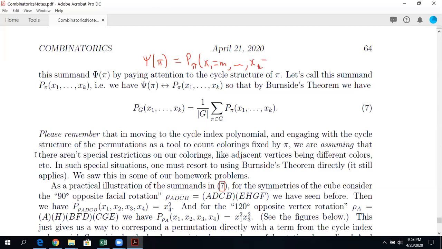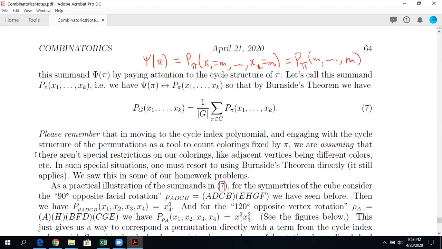So xk equals m. Really, I'm just taking P sub pi and plugging m into every single slot. So that's the most explicit connection between psi of pi and the cycle index polynomial term corresponding to that.